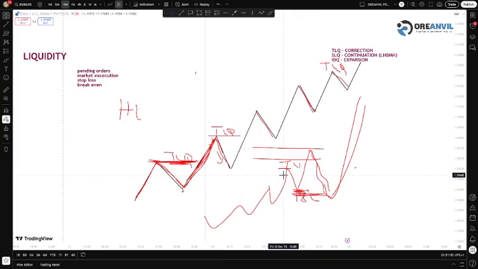That is why inducement liquidity is for expansion. Whenever you see any expansion in the market, the liquidity being taken is inducement liquidity. And the reason for this is the supermarket scenario.